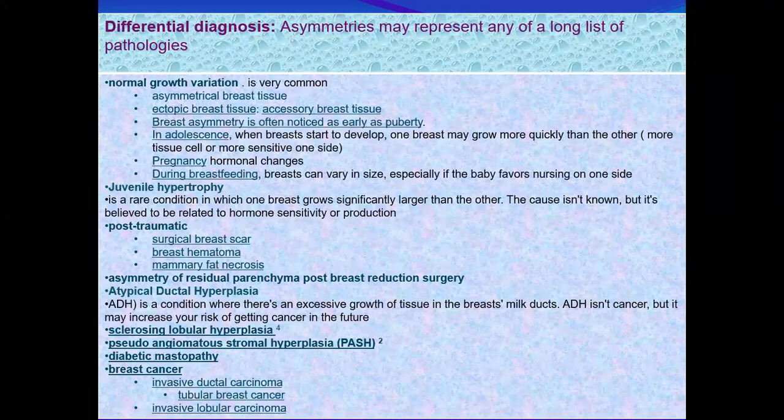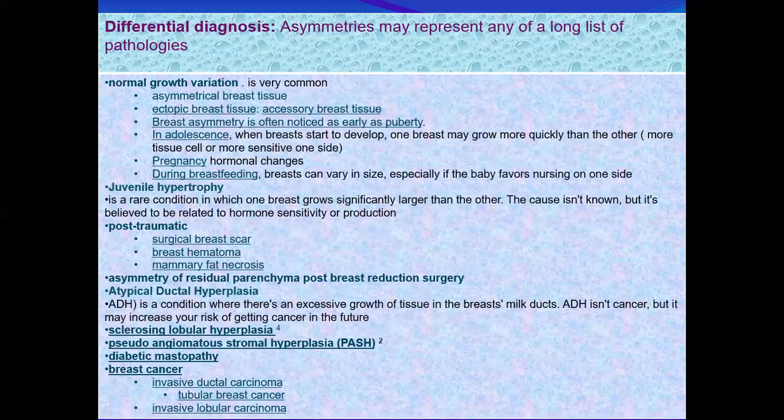They presume it might be related to more tissue cells on one side, or one side being more sensitive to hormones than the other. In pregnancy, the effect of hormones might also be slightly asymmetric, and during breastfeeding, you know that they may favor nursing from one side rather than the other, including juvenile hypertrophy also.